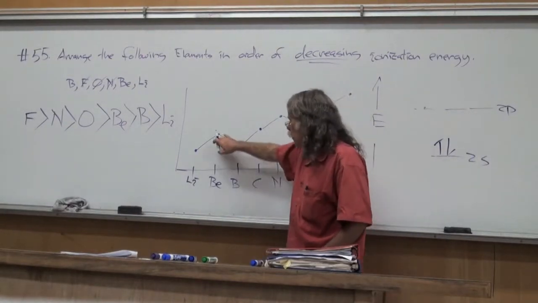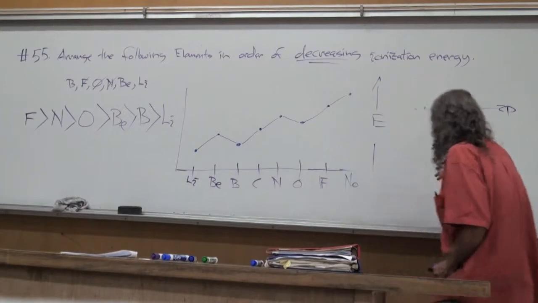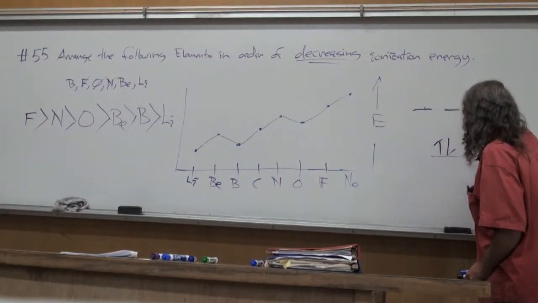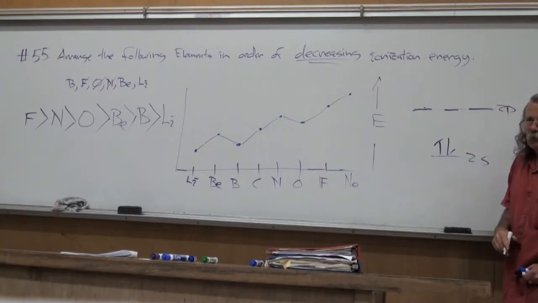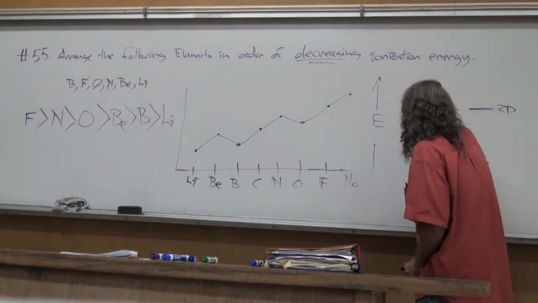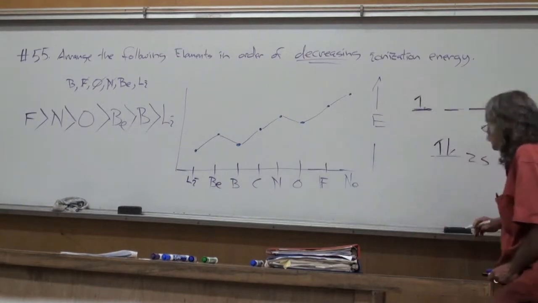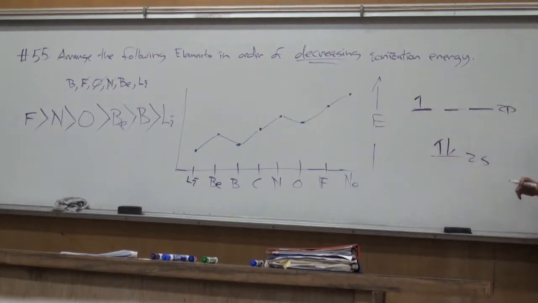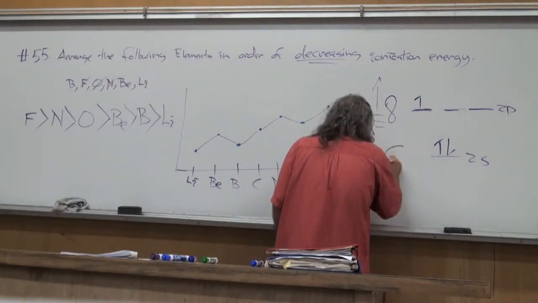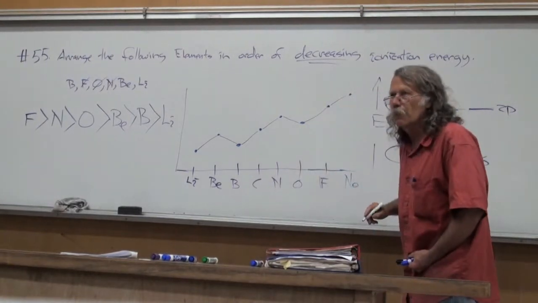Now, when I go from beryllium to boron, the next available orbital happens to be a 2p orbital, for all the p block elements. And so that means an electron goes in here for boron. Well, this is in a p orbital, which looks like this. This is an s orbital, which is spherical, right?